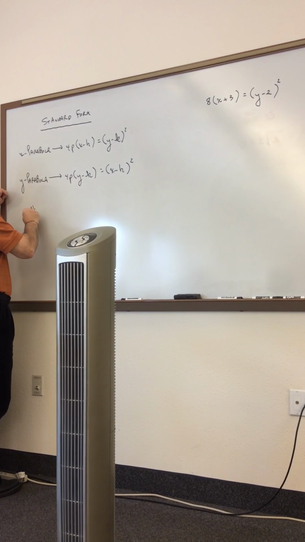Look. You see what's in front of the variable not squared? That represents 4p. So what I'm trying to say is 4p has a value of 8, which makes p equal 2. Do you see what I'm doing here before I get into the main part of today? How do you know where it opens? I did all this last week.